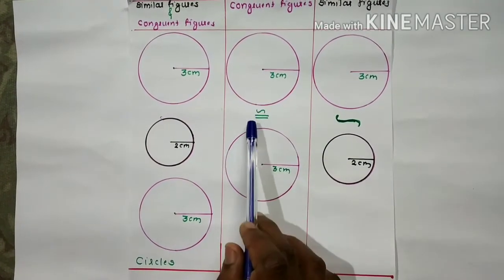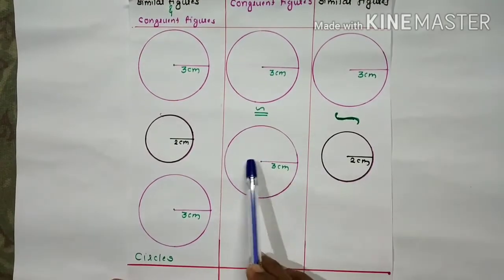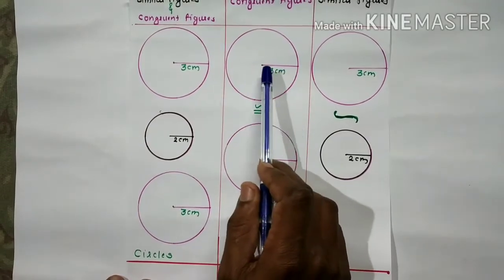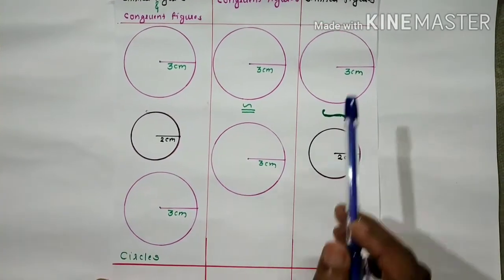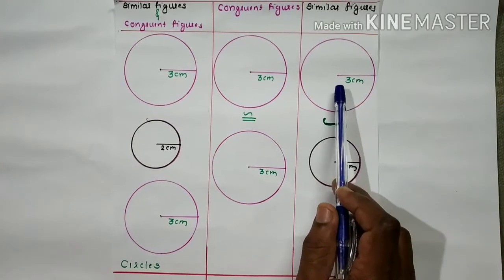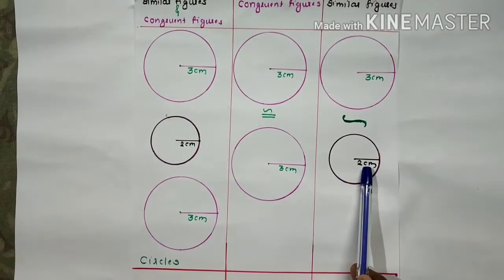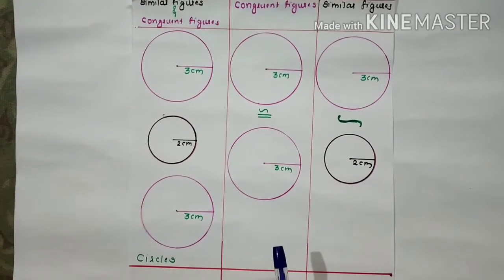So this circle is congruent to this circle. Same shape and same size. Shape is circle and size is also 3 cm radius I have taken. In the similar figure, I have taken a circle of radius 3 cm and a circle of radius 2 cm. So this circle is similar to this circle.